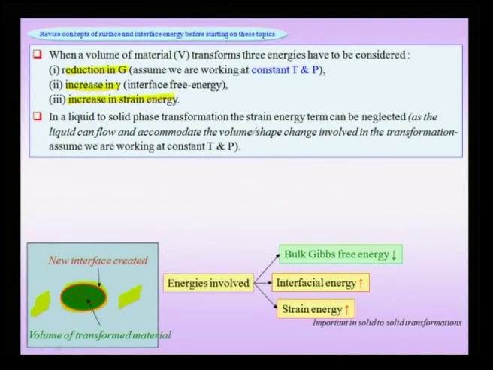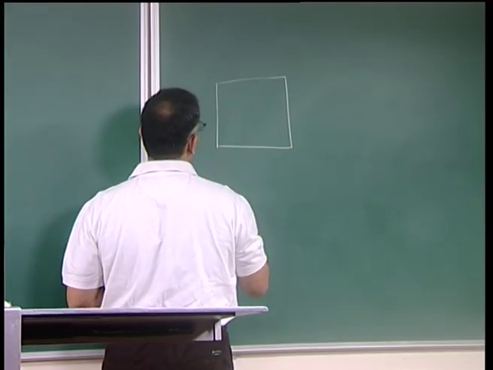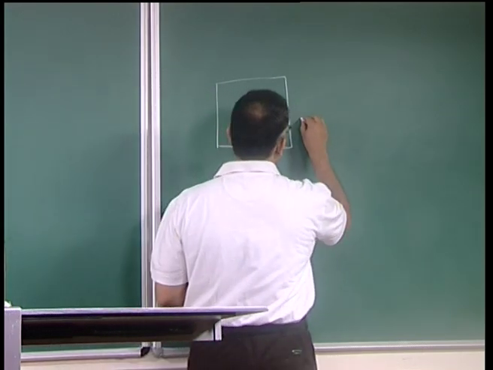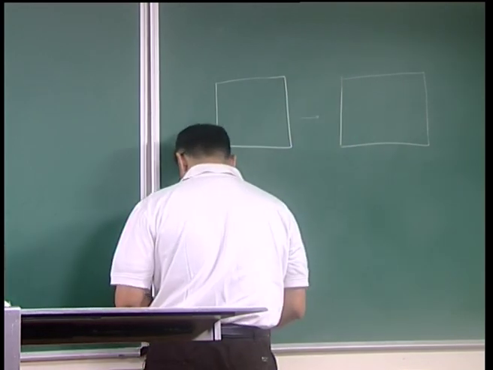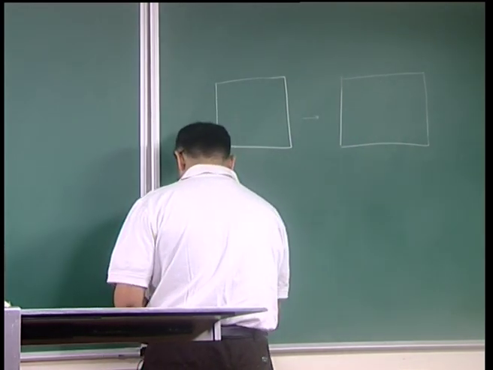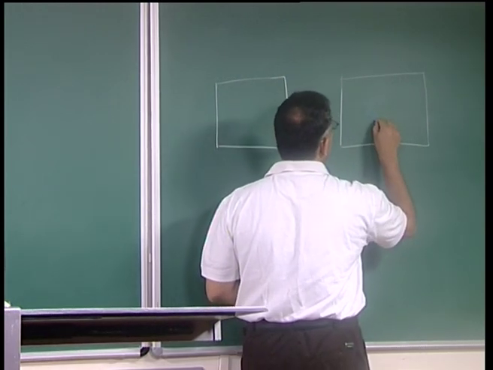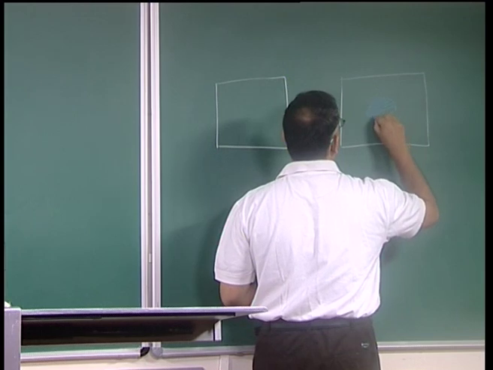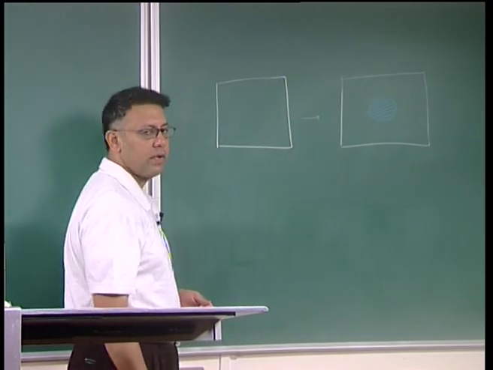So, I have a uniform volume of material which I can call a matrix, and in this volume of material suddenly I assume that there is a second phase present. Suppose this second phase is a blue phase. By the appearance of this blue phase, two things have happened.